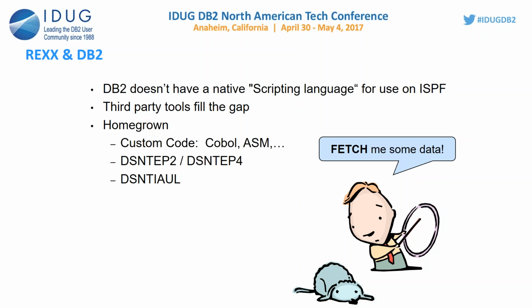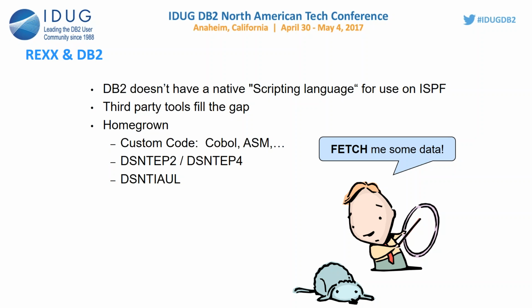So I mentioned before, DB2 doesn't really have a native scripting language that we can use directly with ISPF or TSO. A lot of us buy third-party utilities, or a lot of you buy third-party utilities. I work for a smallish company now that does not own any of the fancy DB2 utilities that some of you own, so I end up writing a lot of things on my own.